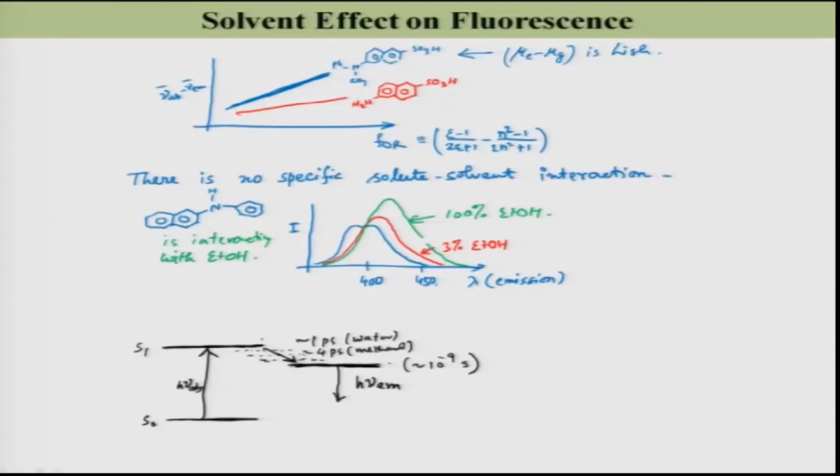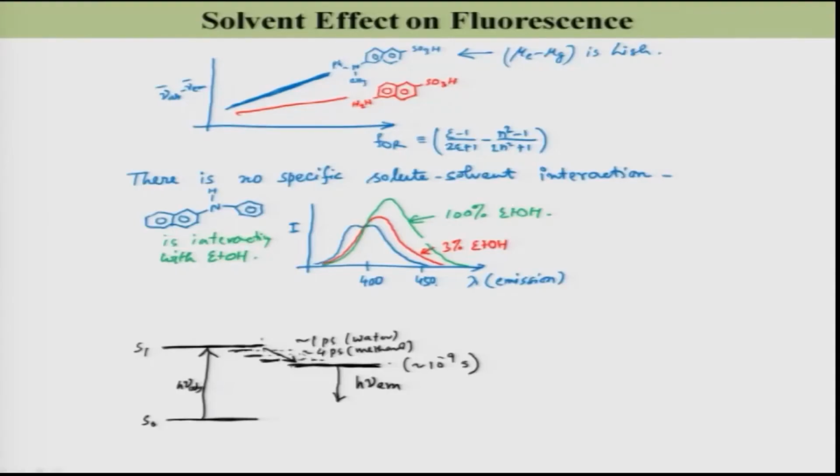But if you use a viscous solvent, like ionic liquids and several other viscous solvents that are available, then the emission will also get a contribution from these different intermediate states.